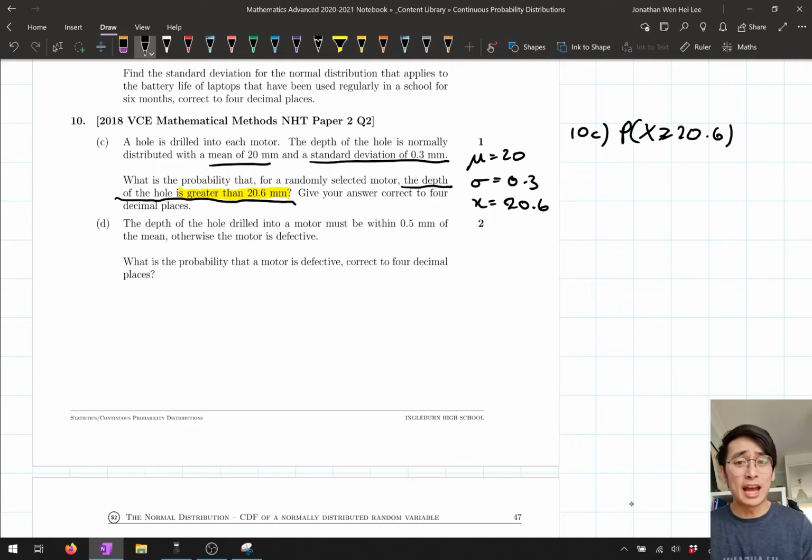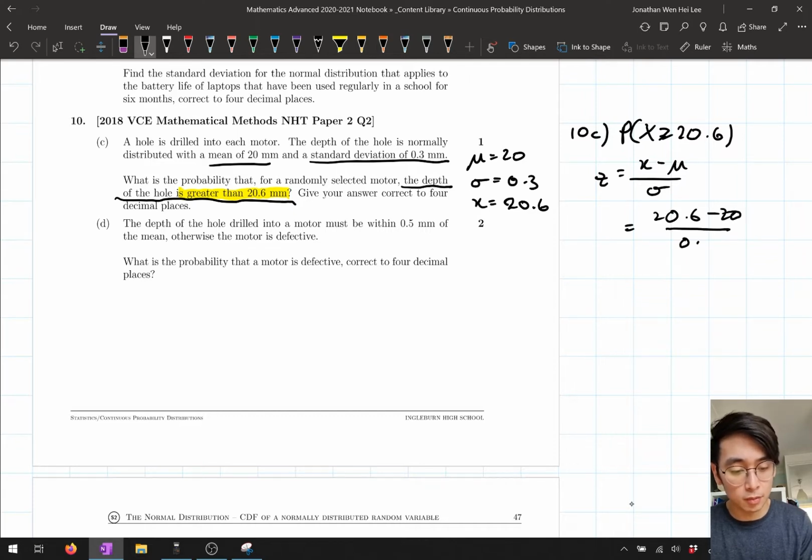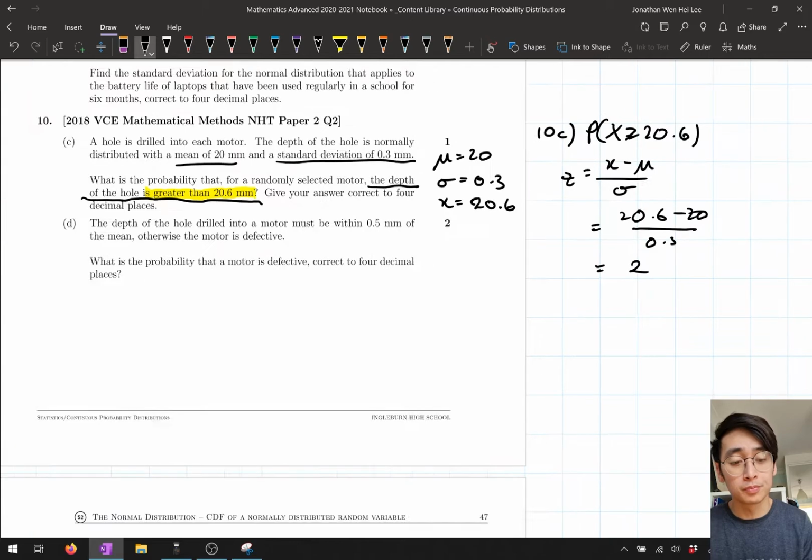Now we need to convert that into a z-score once again. So here, my z-score is going to be x minus mu over sigma, so x minus the mean over standard deviation, 20.6 minus 20 over 0.3, which gives me 2.